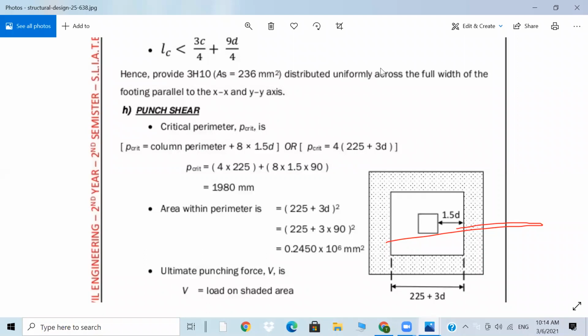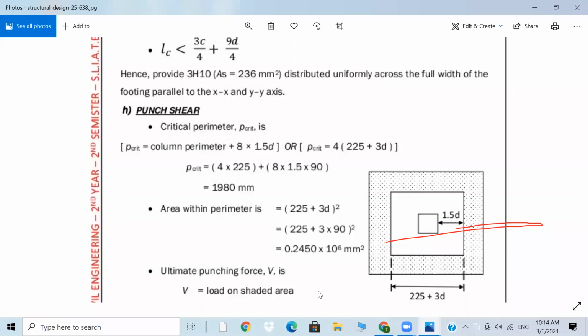So once you calculate this one, the P critical is coming 1980. So whatever is the largest you have taken. So the area within the perimeter is 225 plus 3d. So this will be 0.2 into 10 to the power 6. So that will become a huge value, most probably 250 millimeter squared.